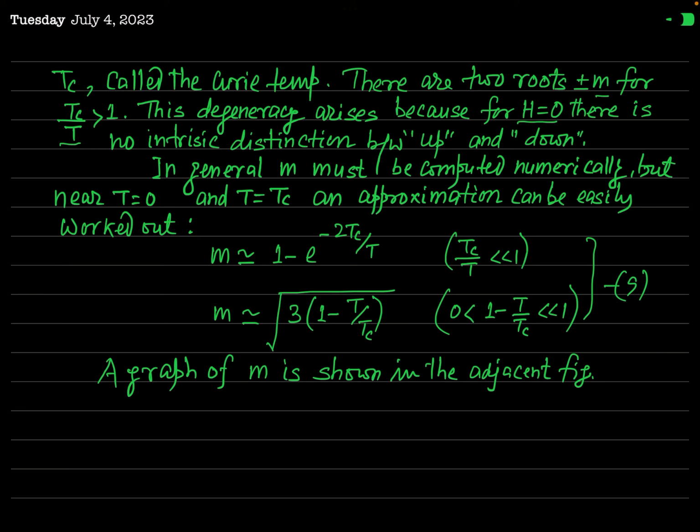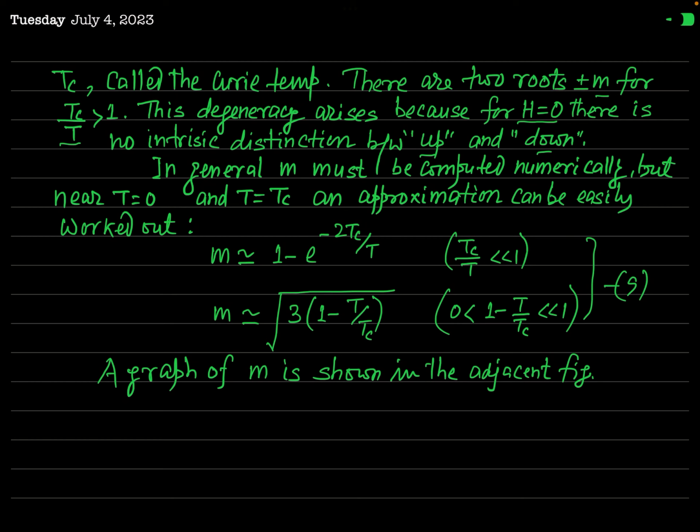In absence of any external magnetic field, there is no difference between the up and down spin. So actually, these are not two different states but the same state, because up and down are the same thing. Okay.